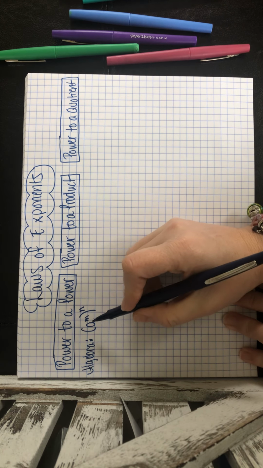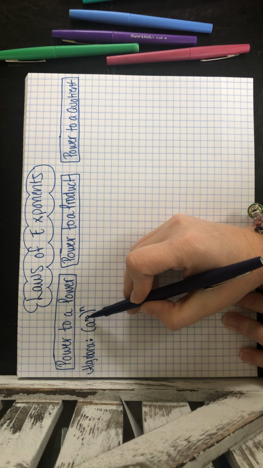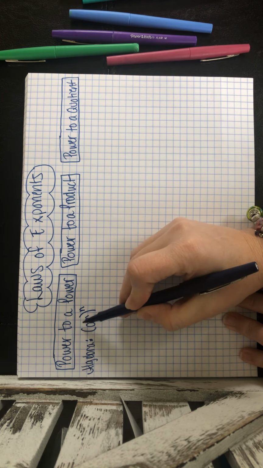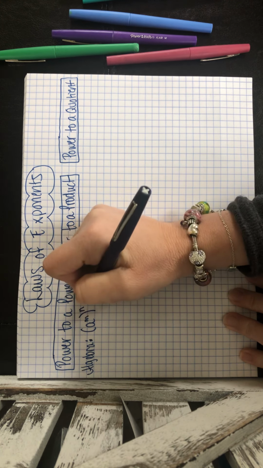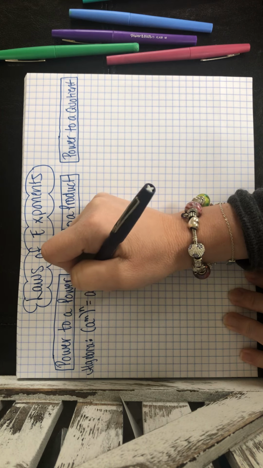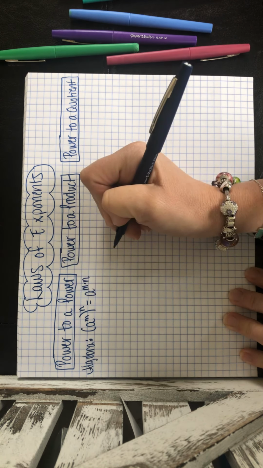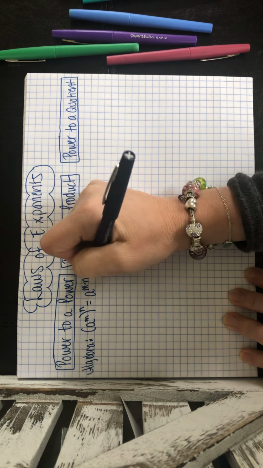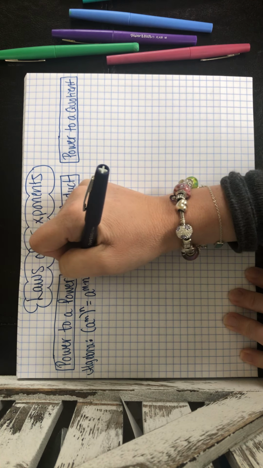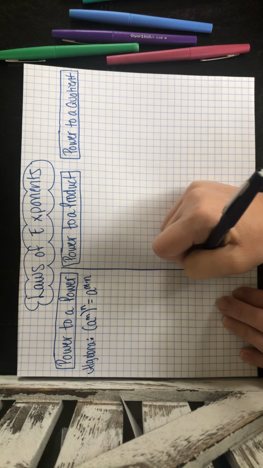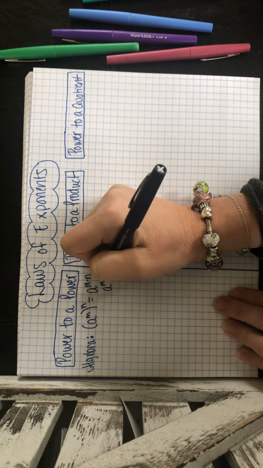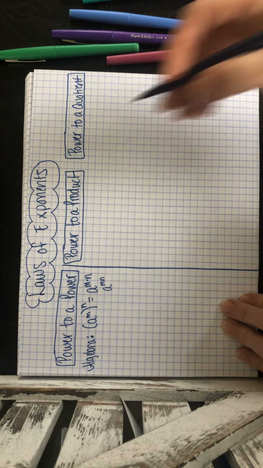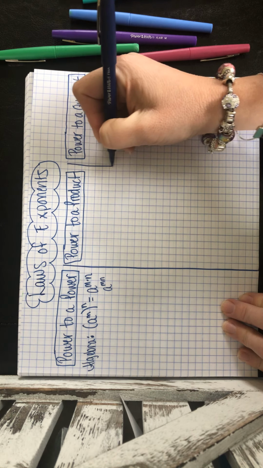So here, when you have a power that's being raised to a power, you have to multiply your exponents. So this is going to give you a to the mn for your answer. You're just going to multiply the two. That's all.